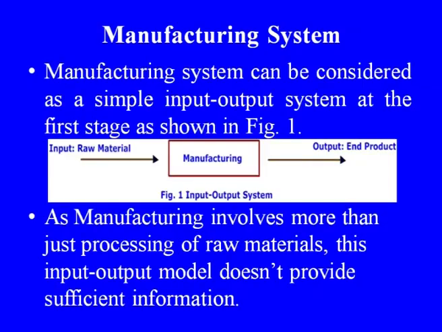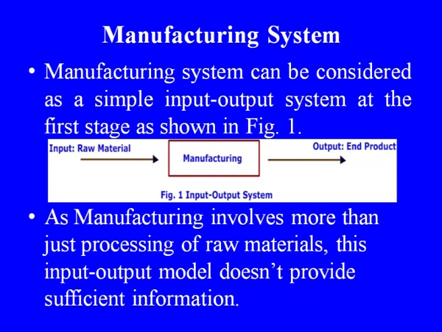This helps to make decisions about the economical ways of producing the end products. A manufacturing system can be considered as a simple input output system at the first stage, as shown in figure 1.